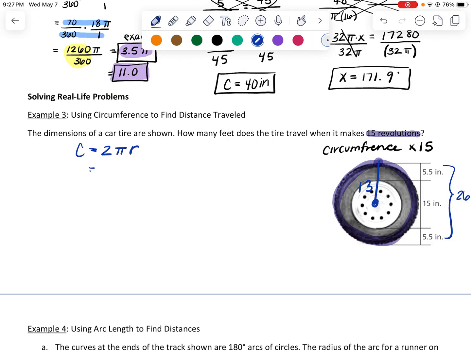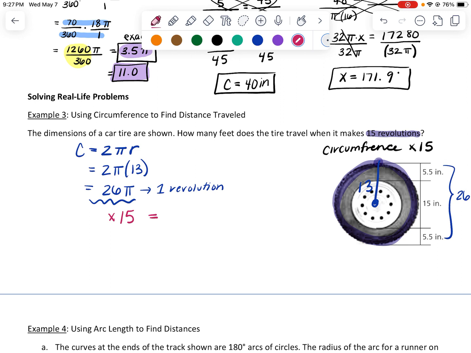So I'm going to go 2 pi times 13, which is 26 pi. So this is how much it does in one revolution, right? The circumference is one time around. And so I'm going to take this and multiply it by the 15 revolutions that we're making.